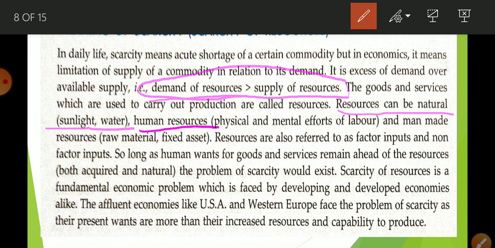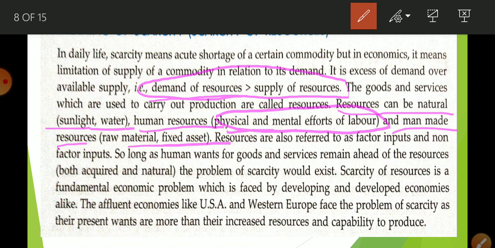Now human resources means we are talking about the physical and mental efforts of the labor, the skilled labor. Now man-made resources means raw material and fixed assets. Raw material, like by cultivation we prepare jute, we prepare sugar cane.